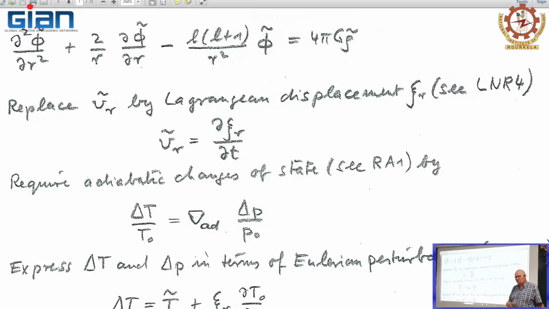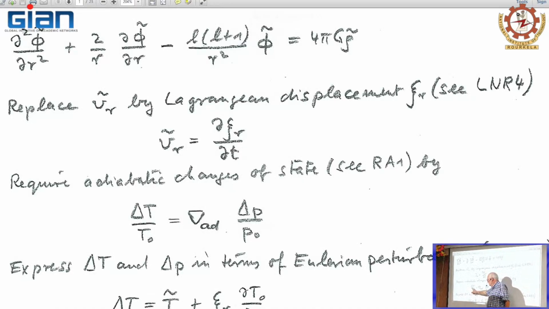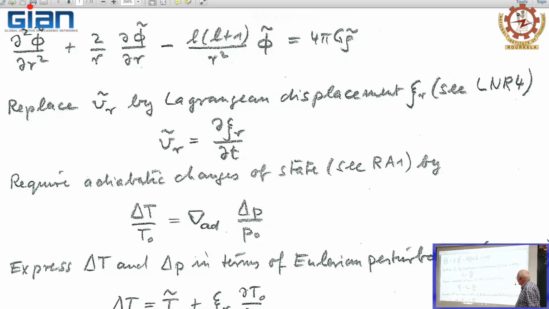This has been discussed already in connection with radial perturbation, and it means that the Lagrangian variation of temperature relative to the unperturbed value is given by nabla adiabatic times the Lagrangian pressure perturbation divided by the stationary pressure stratification.